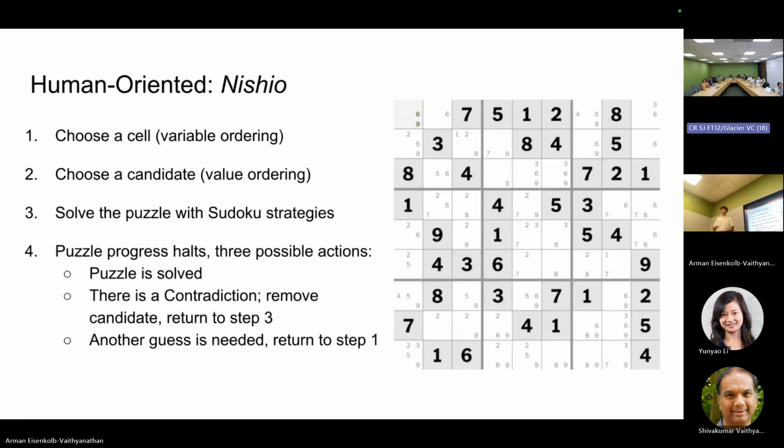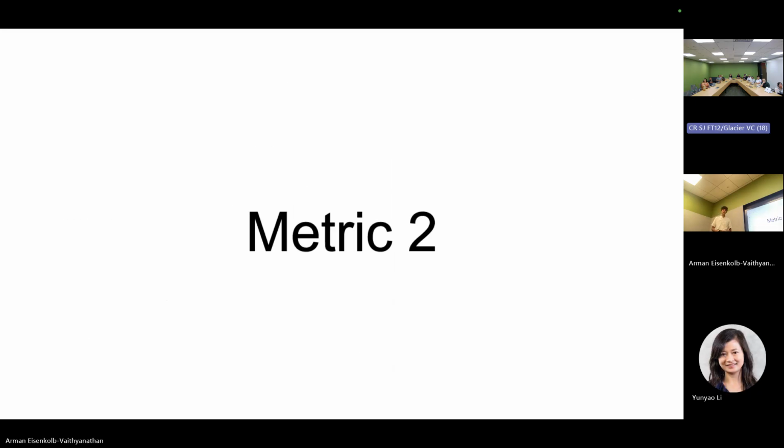We can then use this additional information to use the Sudoku strategies to continue solving the puzzle. The final situation is that the puzzle is not solved and there's no contradiction in the puzzle. This means another guess is needed. So you go back to step 1 and choose another cell and make another guess.